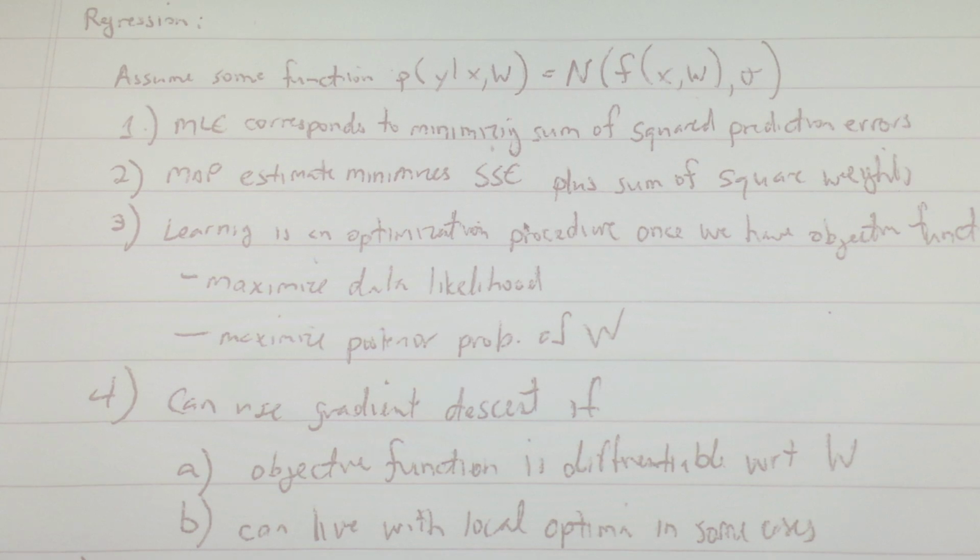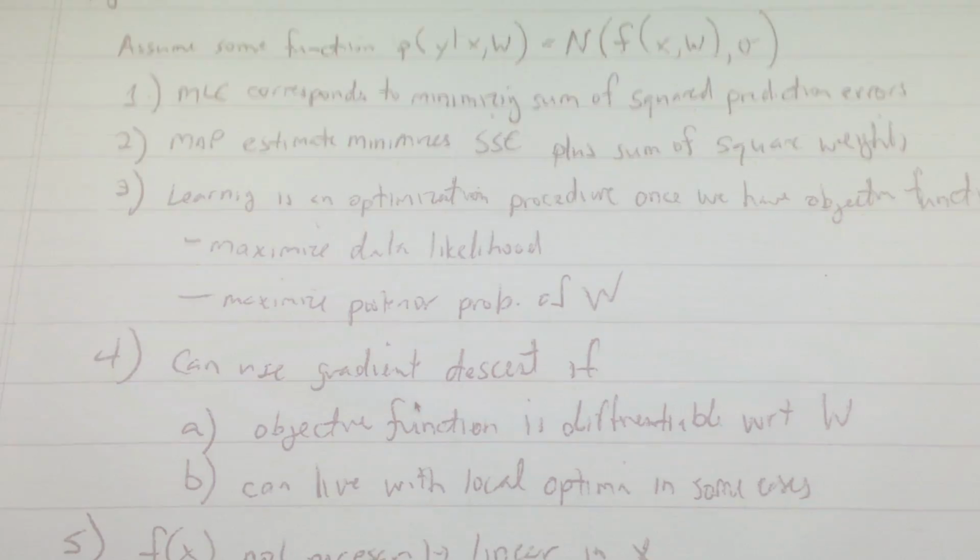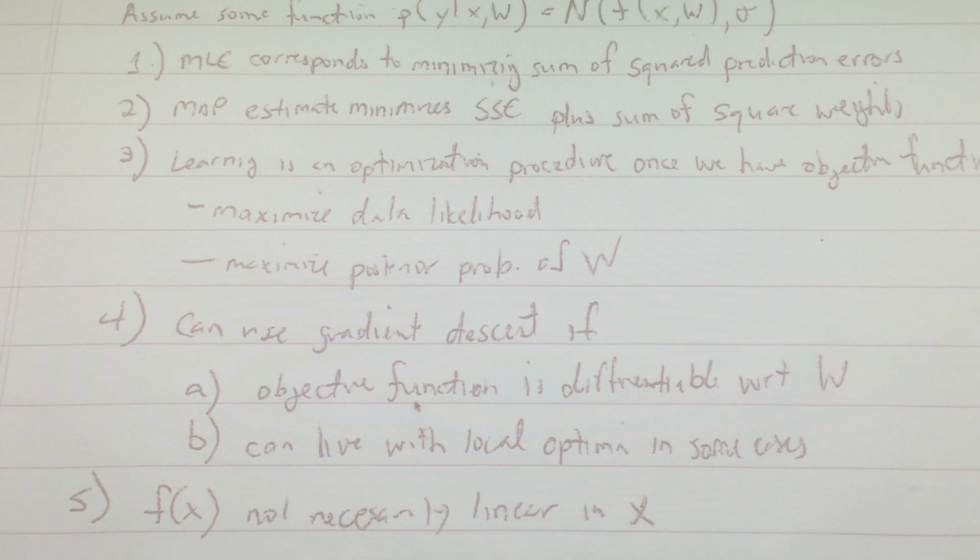Learning is an optimization procedure: maximize the data likelihood or the posterior, depending on whether we're doing MLE or MAP. We can use gradient descent if the objective function is differentiable with respect to w, and you can live with a local optimum depending on your functional form. That's all for notes.